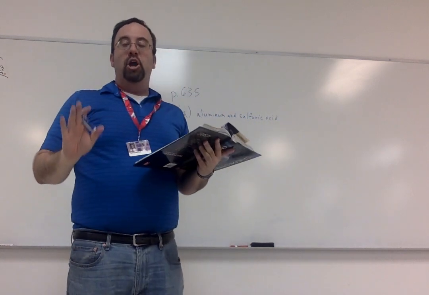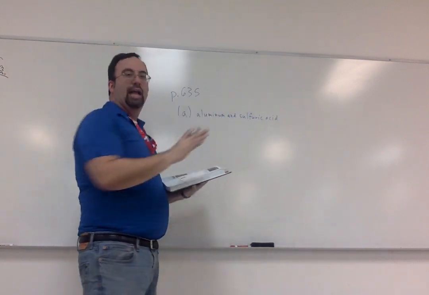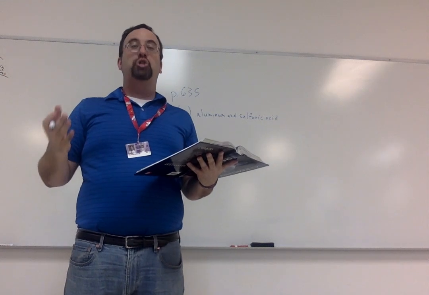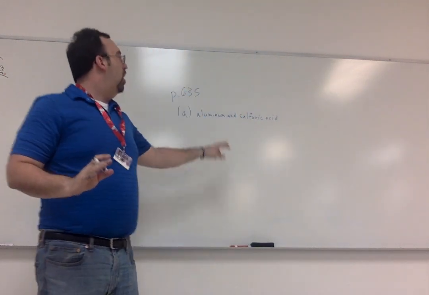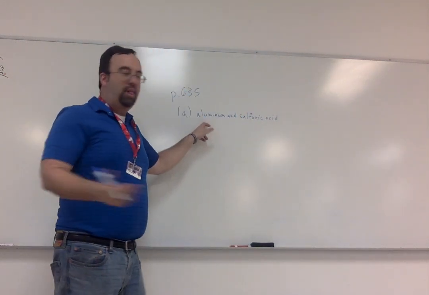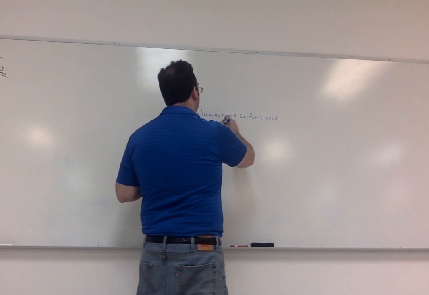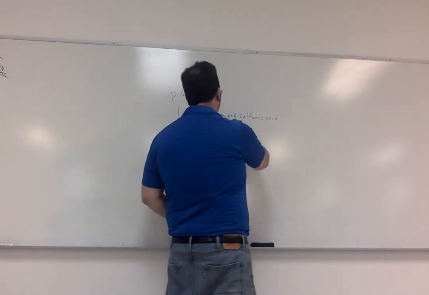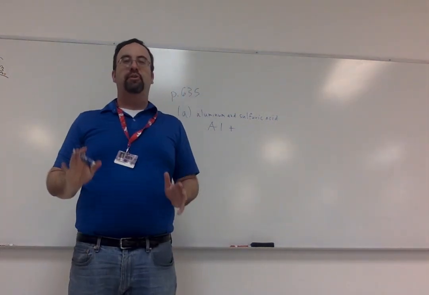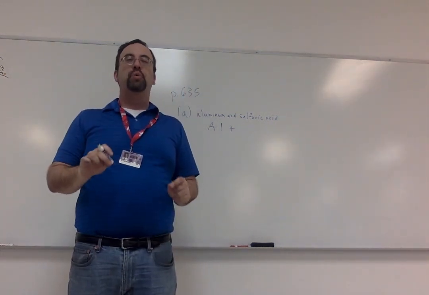All right, we know because we have the two reactants, we're going to end up with two different products. Let's go ahead first and write out the formulas for each of these compounds. Aluminum gets the symbol Al, and we're going to add these together. And the formula for sulfuric acid is H2SO4.